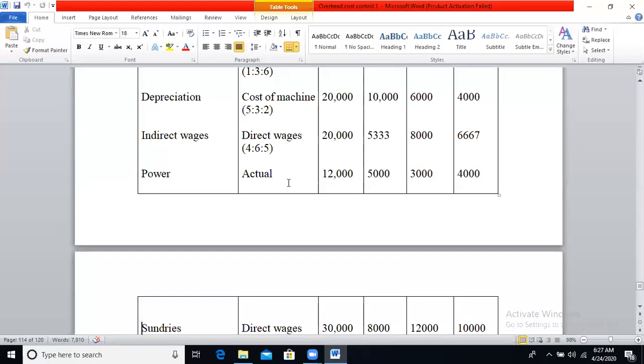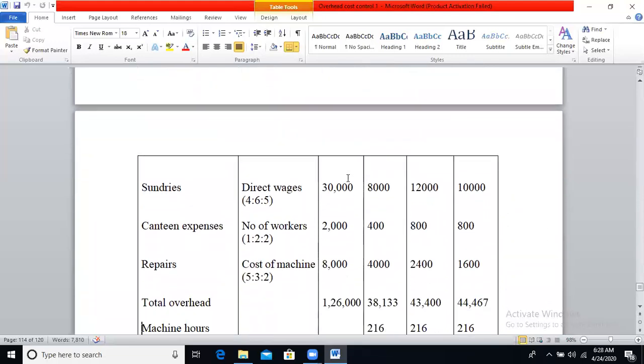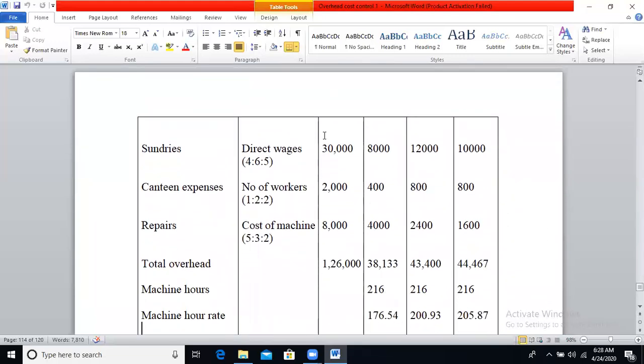Power, the actual value given in the problem will be considered: 5,000 for machine X, for machine Y 3,000, for machine Z 4,000. If you add these three, you will get 12,000. And sundries. For sundries, we have considered direct wages as the basis. The ratio we have taken here is 4 is to 6 is to 5.